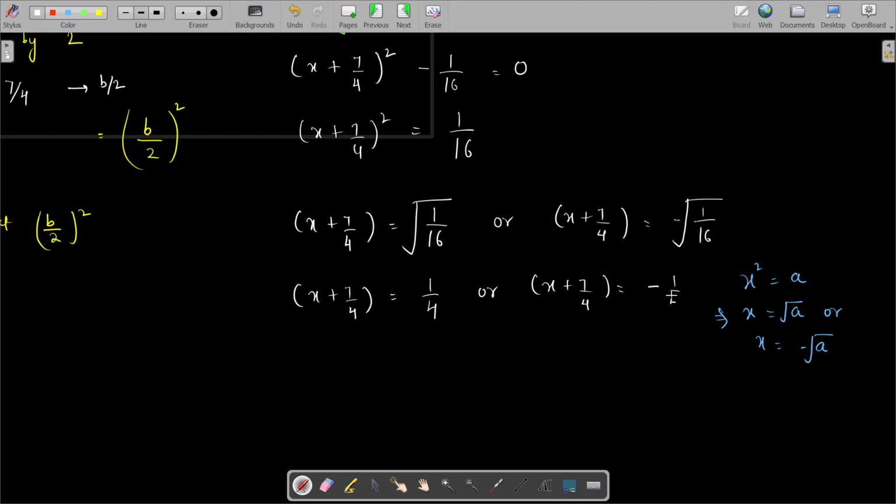From this equation I get x equals 1 over 4 minus 7 over 4, which is negative 6 over 4, which is negative 3 over 2, or x equals negative 1 over 4 minus 7 over 4, which is negative 8 over 4, which is negative 2. So x equals negative 3 over 2 or x equals negative 2 are the solutions to this equation.